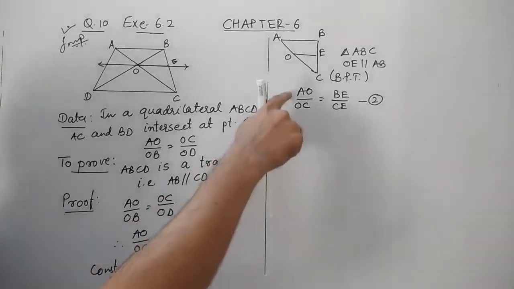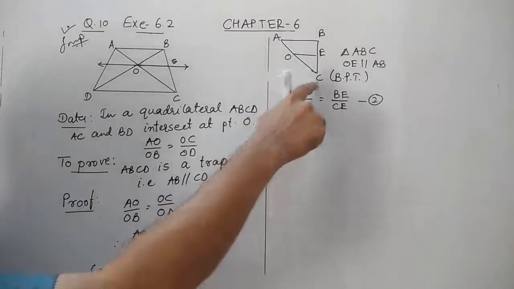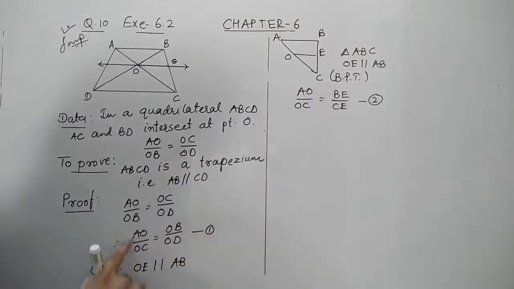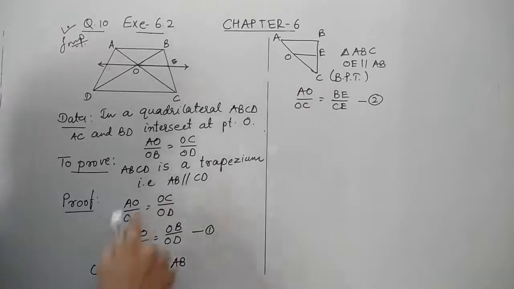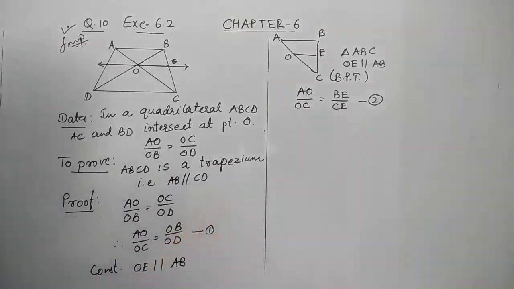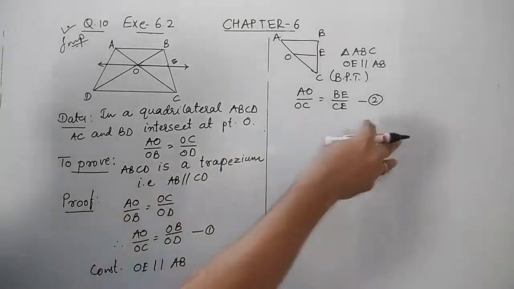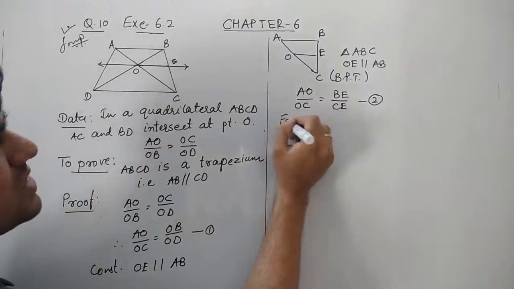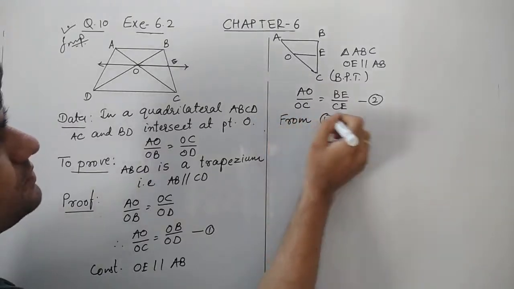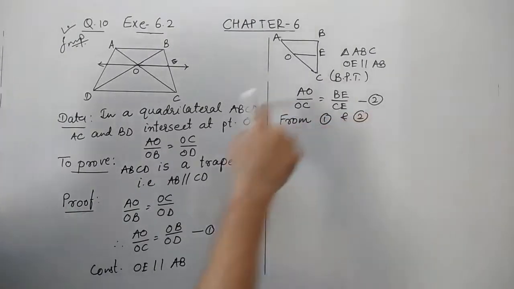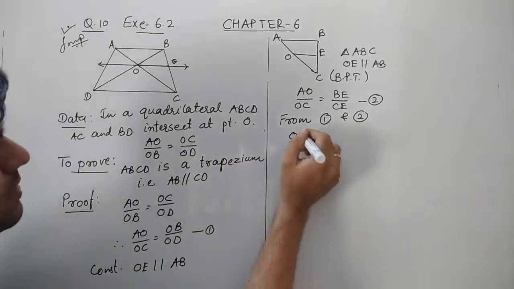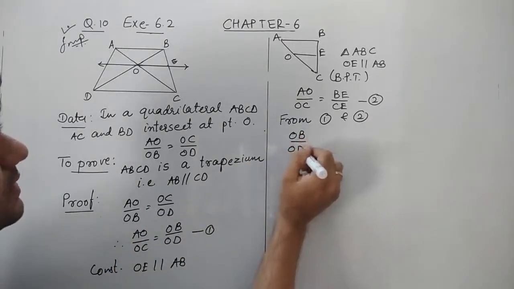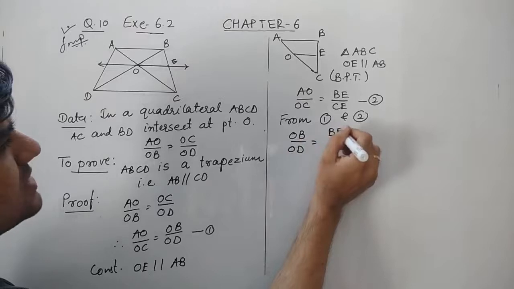As I know that I am going to get the ratio of AO upon OC, that is why I have converted here, which you can do later also, जो आप बाद में भी कर सकते थे. This equation can be obtained after obtaining this equation, तो भी चलता. So from equation 1 and 2, both are same, so we can say that OB upon OD is same as BE upon EC.